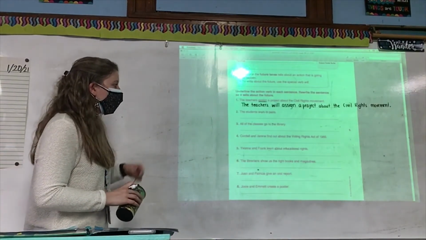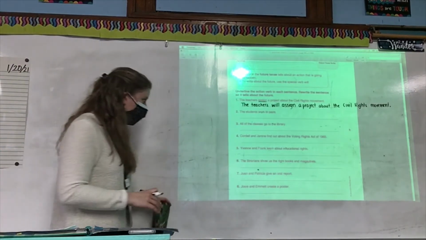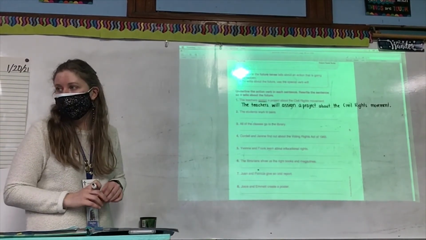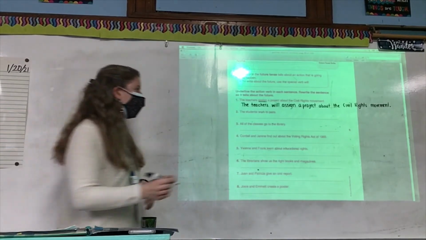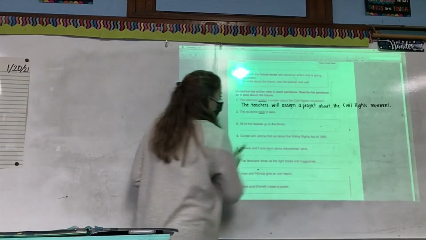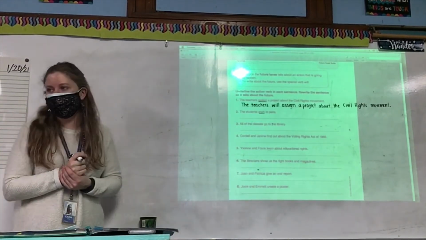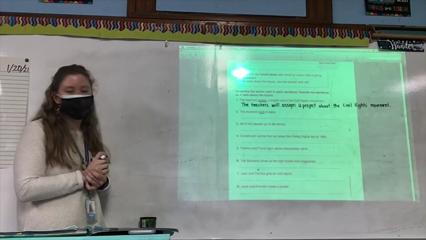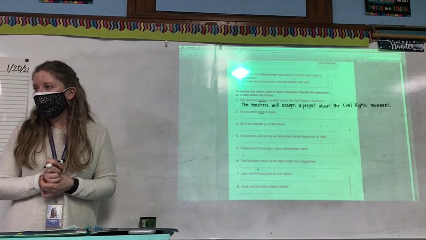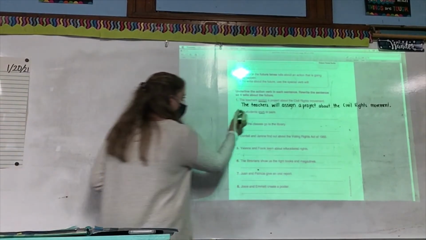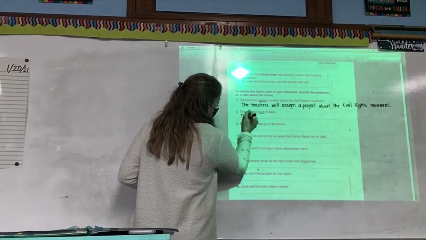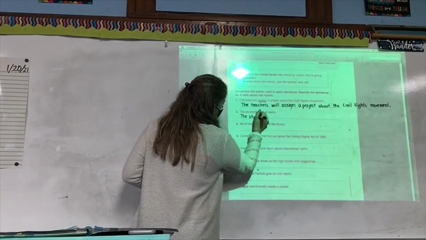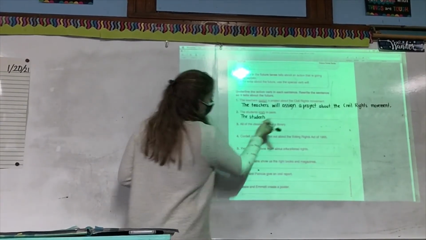Number 2, the students work in pairs. Kingston, what is the verb in that sentence? Work. It's in present tense now. What if we want to make it future tense? Does the subject change? No. The students, what comes next?